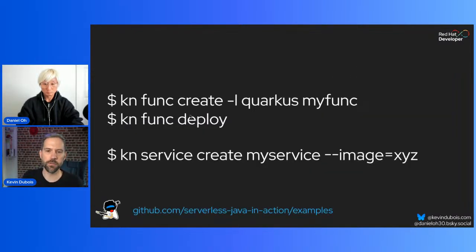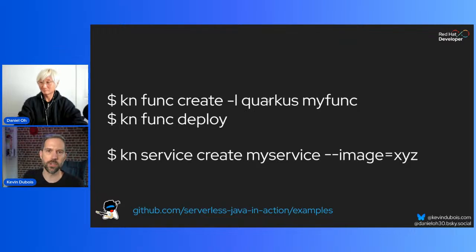So here you can see a few different ways that you can use the Knative CLI. You don't have to use the CLI. There are plugins for IDEs, and there are UIs in some Kubernetes providers as well. But in this case, I just want to show a couple different ways that you can use it. The first one you can see here, kn func create, which creates a function, and you can specify the language, in this case Quarkus, but it could also be Spring, or Go or Python.